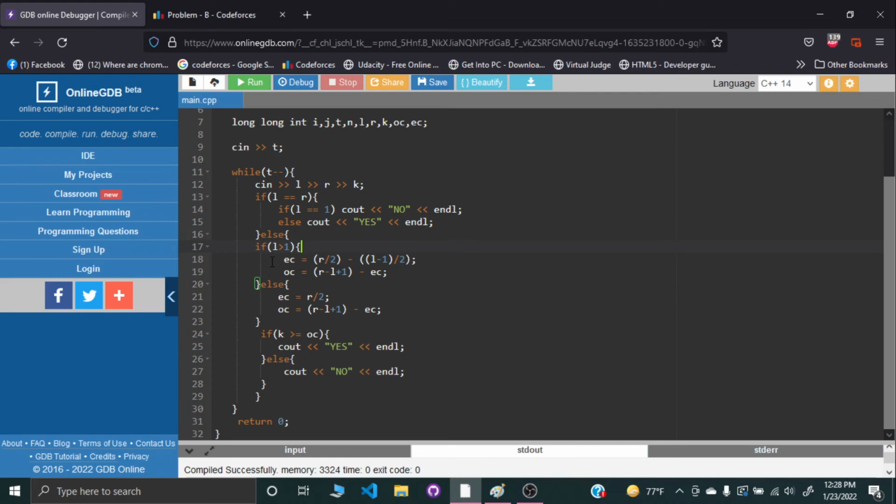If you know that, you will definitely be able to find out the number of even and odd numbers inside a subarray from L till R. That's exactly what I did here. And finally, the final case is that if my K, meaning the number of operations that I can make, is greater than or equal to the odd count, then yes. Otherwise, the answer is no.